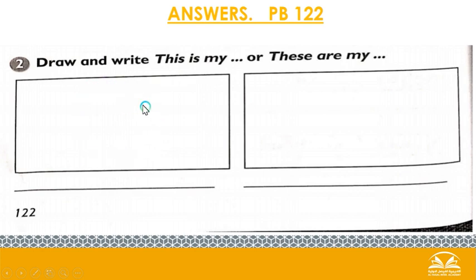You're going to draw any singular thing here and write the answer. This is my, whatever you're going to write. Alright? These are my, this is the plural. So you're going to draw any plural thing here and write the sentence. I hope that is very, very clear.